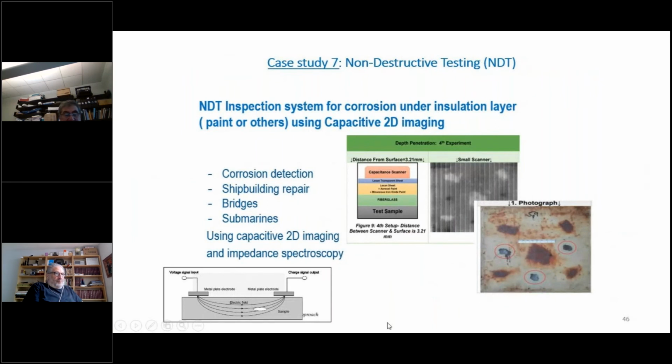We also have the NDT inspection system, which uses capacitive 2D imaging and impedance spectroscopy to determine the location of the rust. Before the actual laser cleaning operation, we would examine the location of the rust using the non-destructive testing.